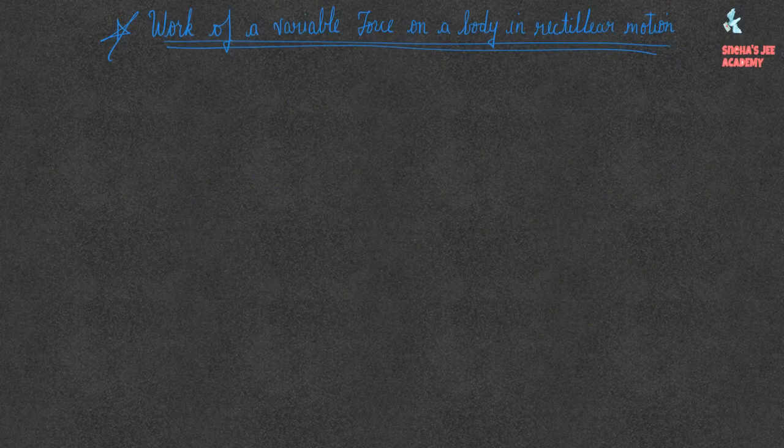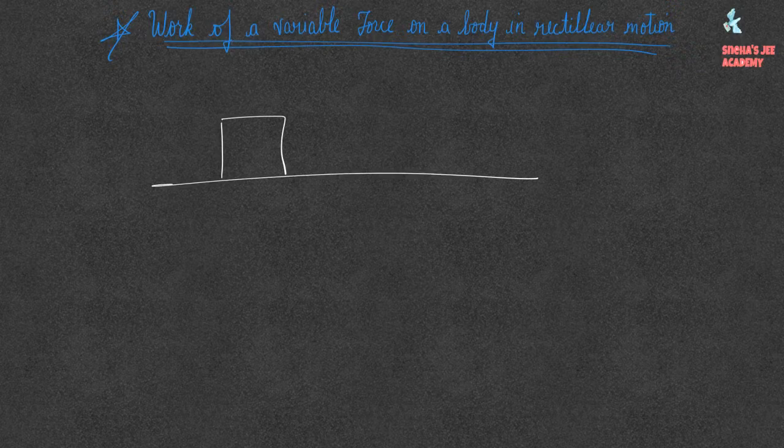So, work of a variable force on a body in rectilinear motion. Let's see, if we have a box over here, a block, and the force is applied in this direction. So this is the component Fx and this is Fy. We'll be focusing on Fx, the horizontal component.